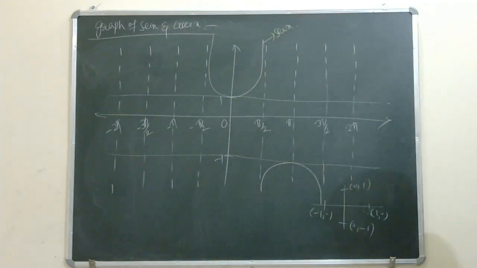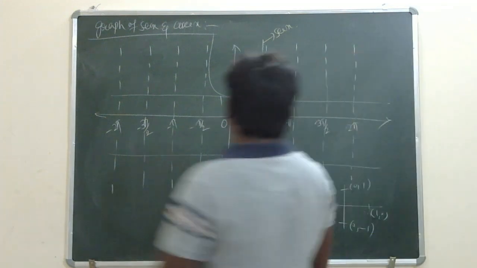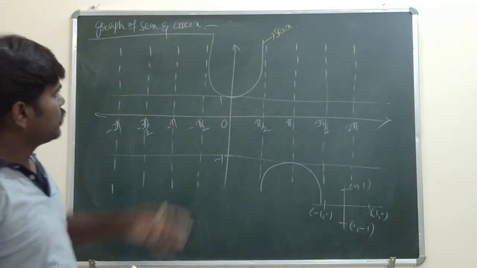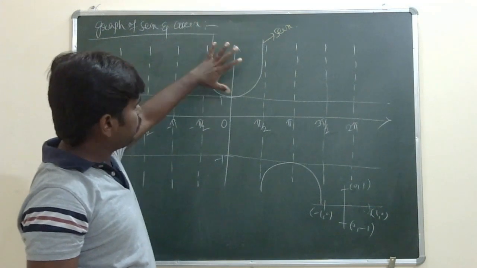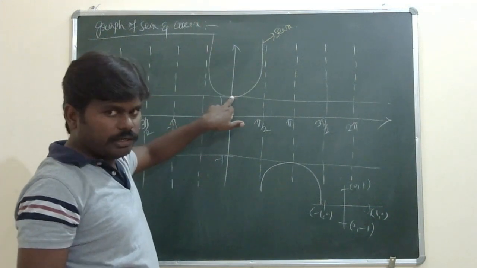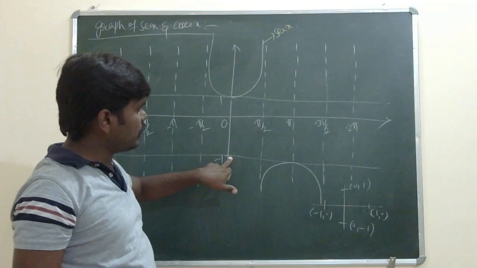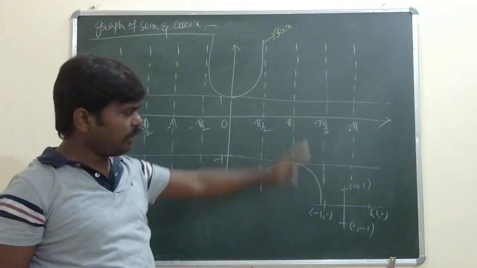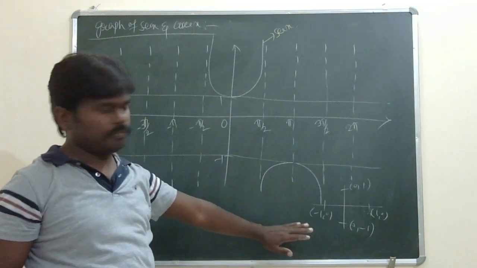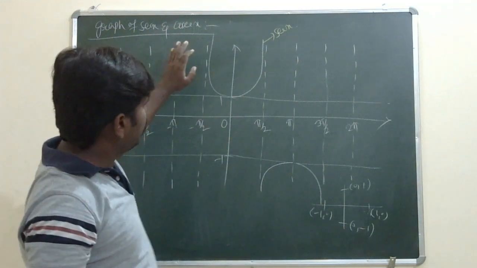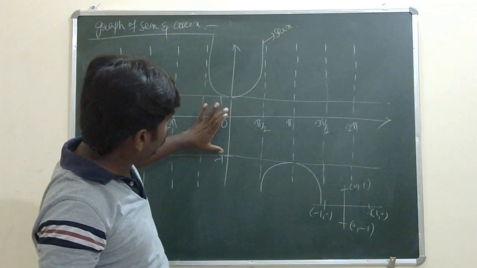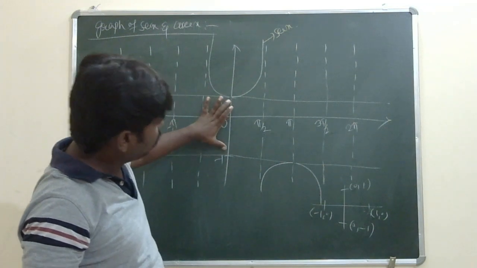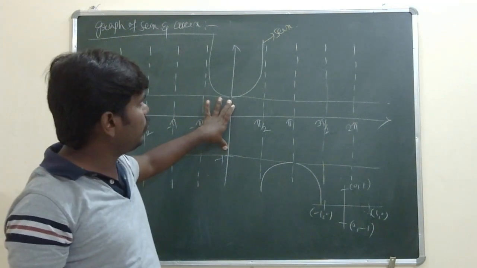Okay, so if you see the diagrams here, the value of the secant is above plus 1 or below minus 1, and of course at 1 also it is possible and at minus 1 also it is possible. For the values from minus 1 to plus 1, there is no value of the secant theta.